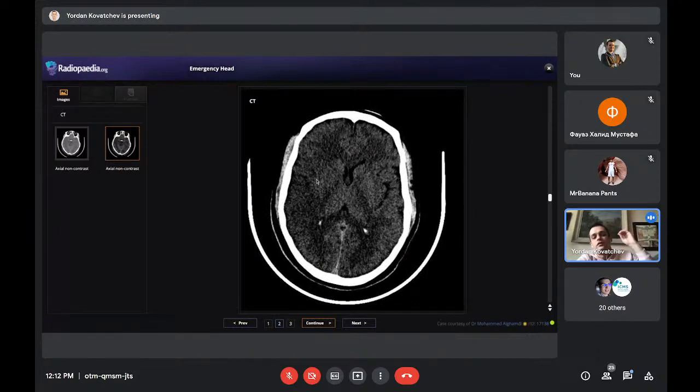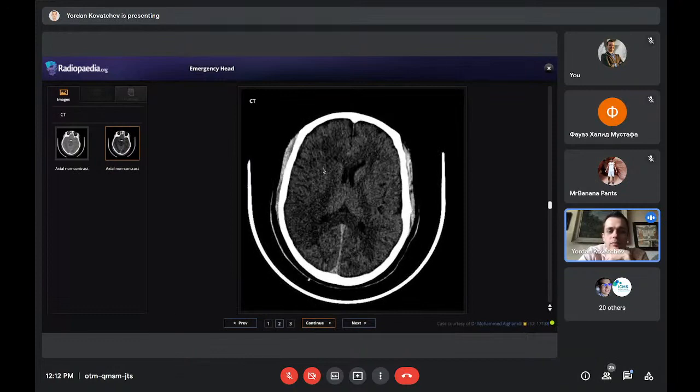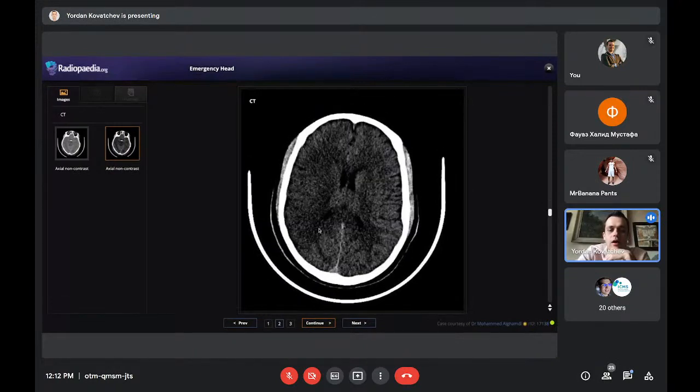This, as I said, is a sign of cytotoxic edema. There is even maybe a little bit of effacement of the sulci in the insular region, and you see the loss of insular ribbon sign. Please remember that. I think it's a bit more advanced in this case because you can see some cortical changes in this part.